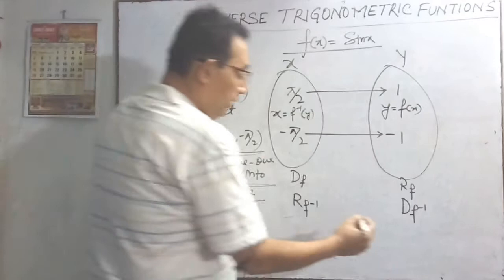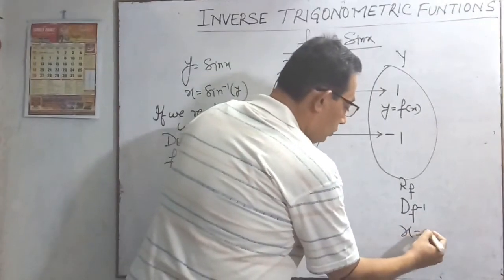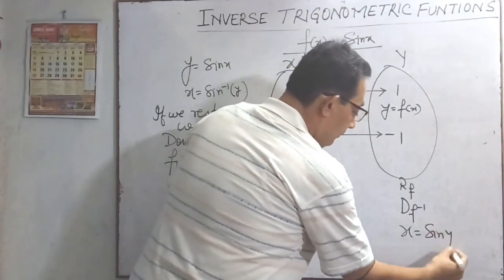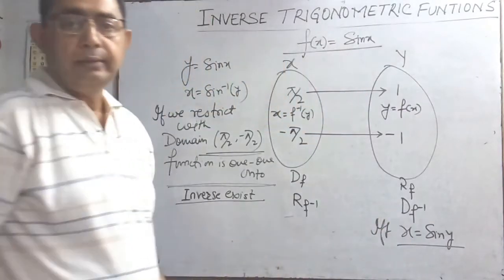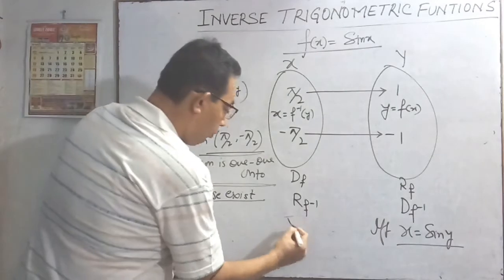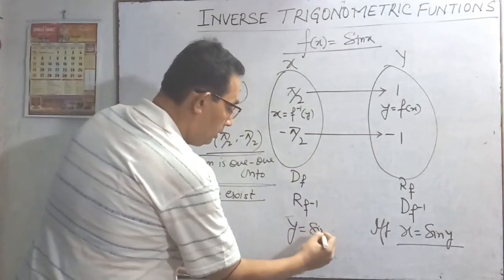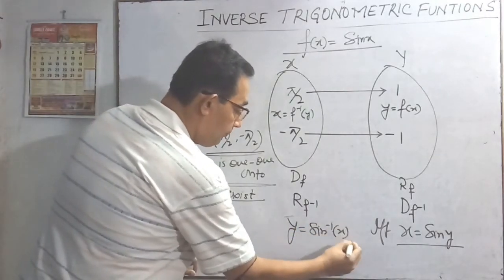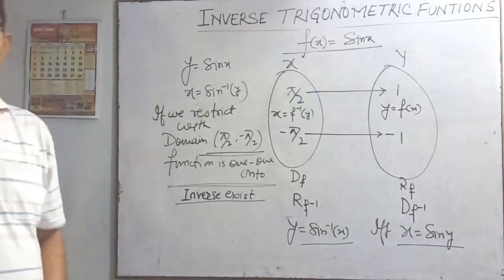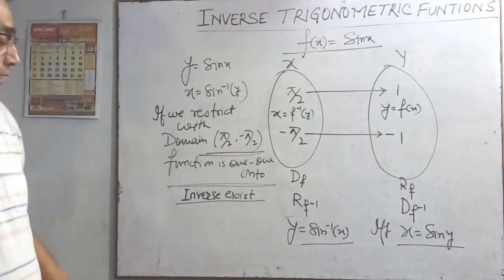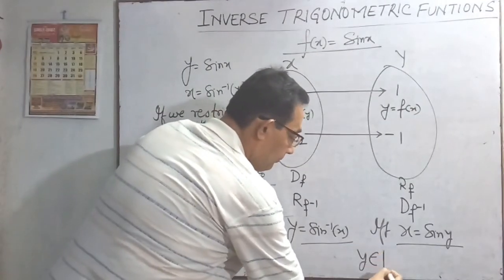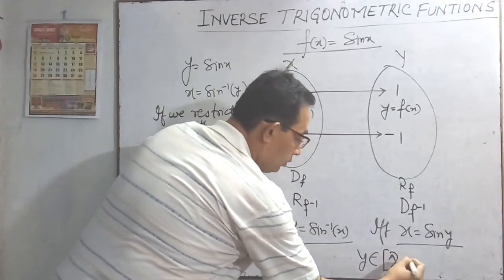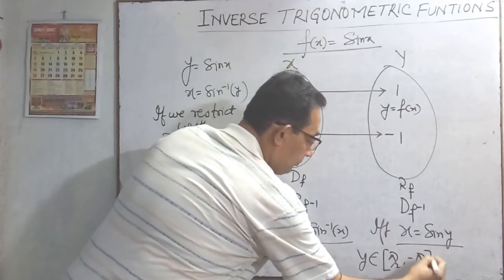That means if x equal to sin y, then y equal to sin inverse x. Clear? In this case, y belongs to what? Pi by 2 to minus pi by 2.